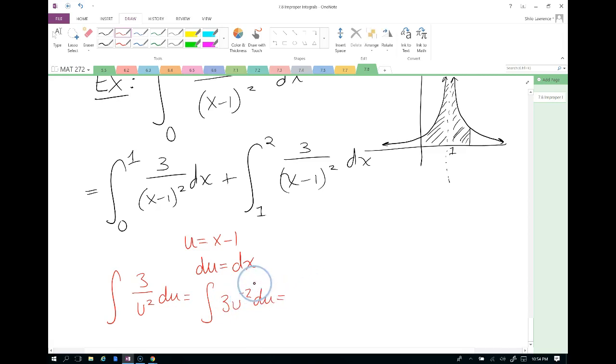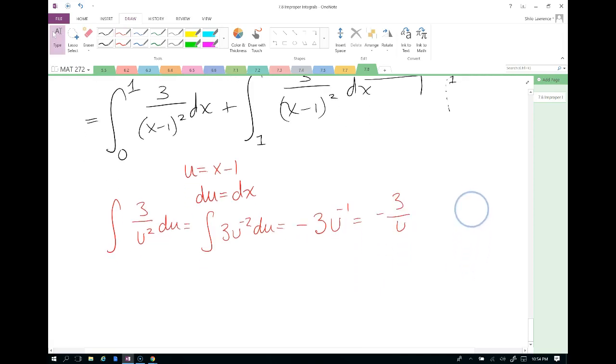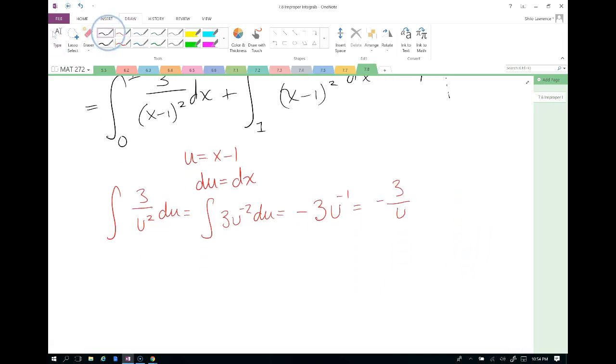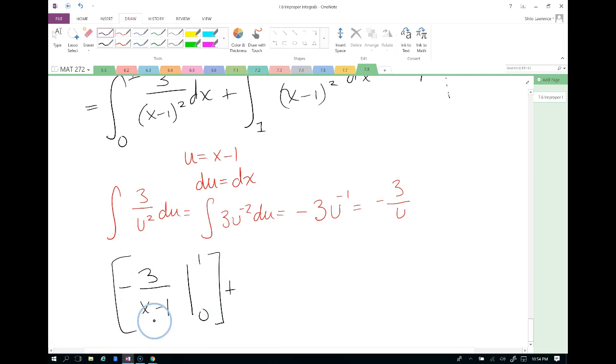So we add 1 to our power and divide by our new power, ends up negative 3u to the negative 1, or negative 3 over u as our antiderivative. So we've got negative 3 over (x minus 1) evaluated from 0 to 1. And then we've got negative 3 over (x minus 1) evaluated from 1 to 2.